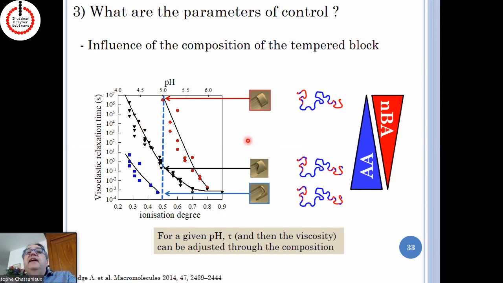So it means that I can design a system that will be a gel at pH 4, or that could be a liquid at a pH equal to 4, just by playing with the composition of the polymer.